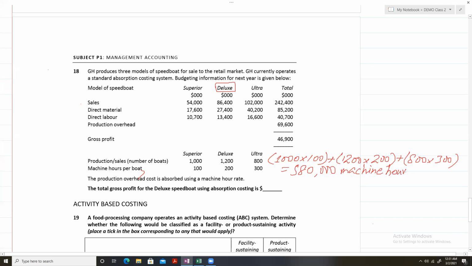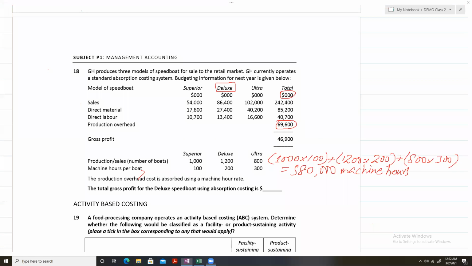Okay. Now, overheads are absorbed on the basis of these machine hours. Here, the overheads are given rounded to the nearest thousand.